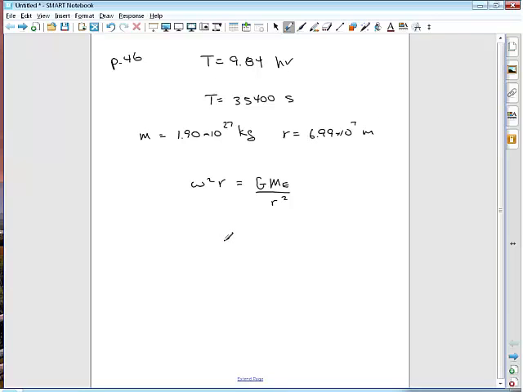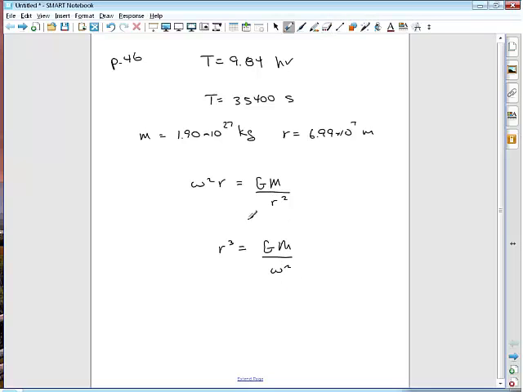So let's just see what we need to do. Solve for r. What we would get is r cubed is equal to G, the mass, I've got mass of the Earth there, that should be just the mass of the planet, so let's just call it m, divided by omega squared.